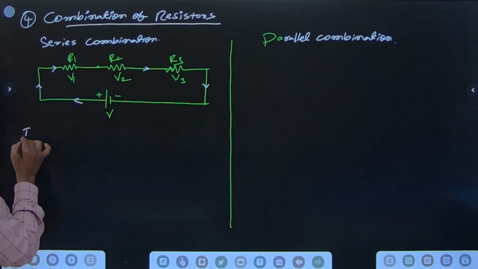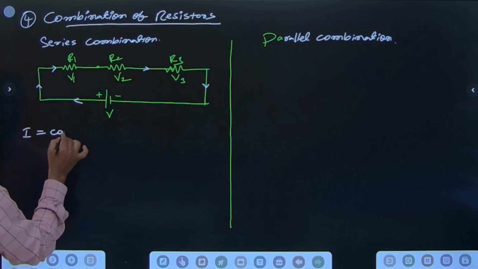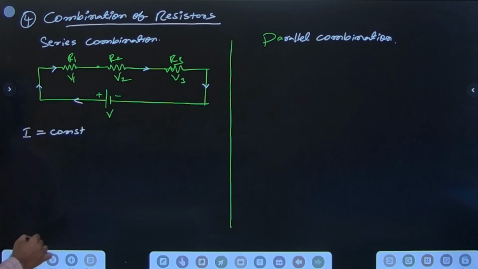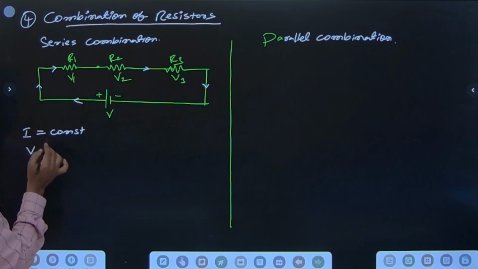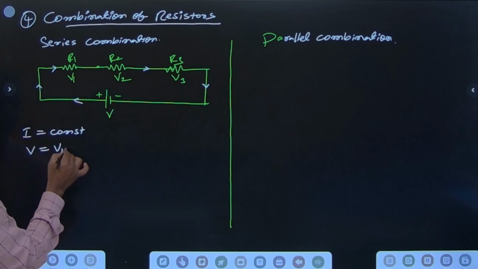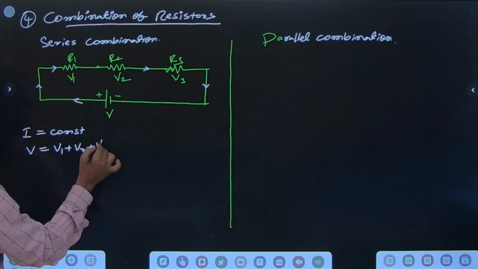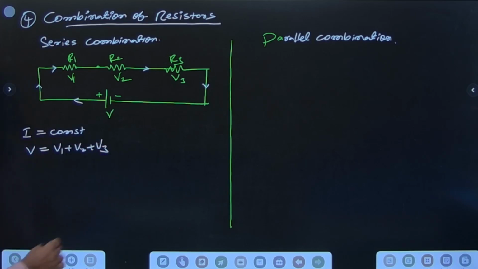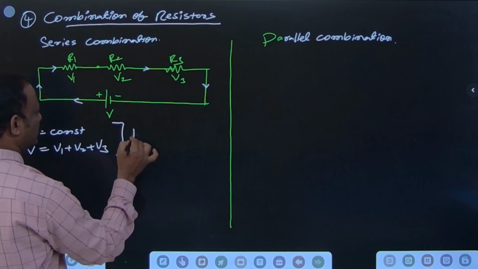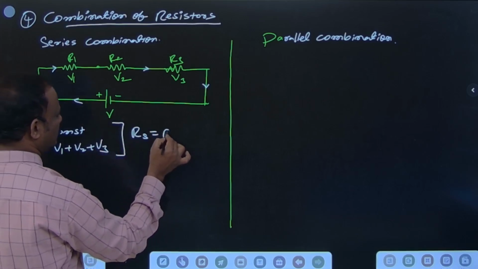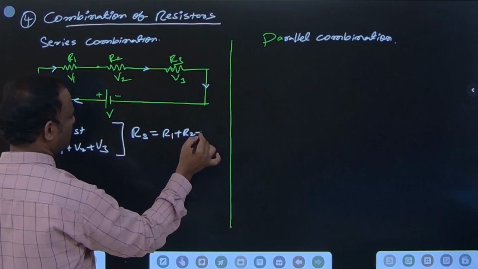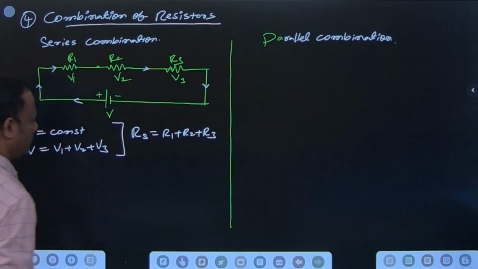First, I remains constant. Next, the potential is distributed: V1 plus V2 plus V3. So the equivalent resistance R series is equal to R1 plus R2 plus R3.